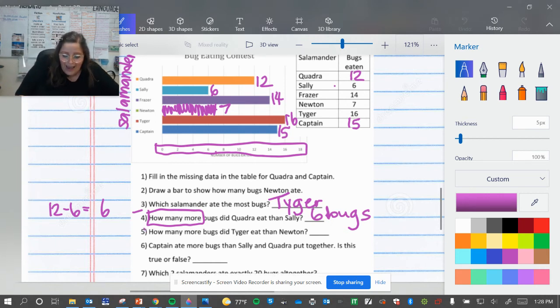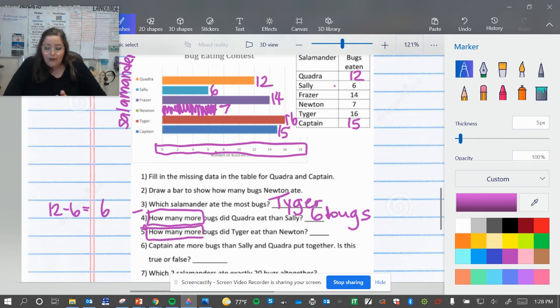Oh, number 5. How many more bugs did Tiger eat than Newton? Well, let's look at Tiger. Tiger had 16. Newton had 7. So what am I going to do? How many more means? Subtract. So I'm going to do 16 minus 7 equals what?